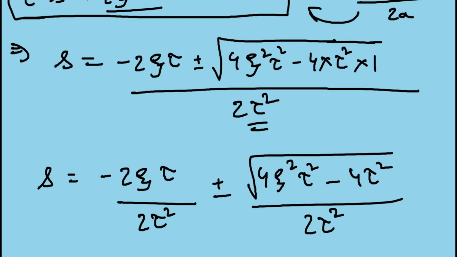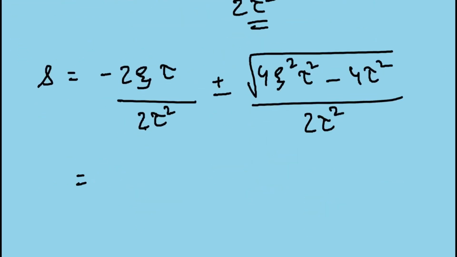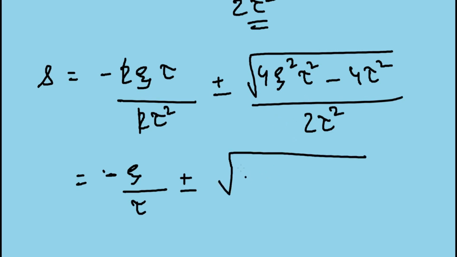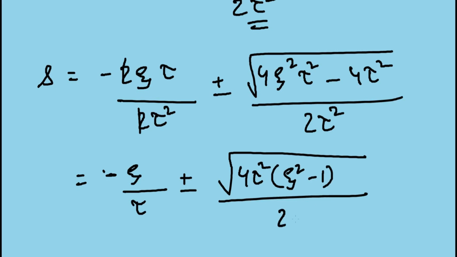If I simplify, the 2 will get cancelled and what I have is minus zeta divided by tau, plus minus, inside the root I can write 4 tau square times zeta square minus 1, divided by 2 tau square.